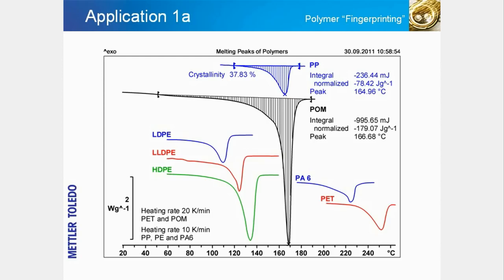The melting peaks of polypropylene, PP, and polyoxymethylene, POM, show that identification depends both on the melting temperature and on the enthalpy of fusion, which is the hatched area under the peaks. If the type of polymer is known, the degree of crystallinity can be determined by integrating the area. This is shown for polypropylene as the blue hatched area in the diagram.